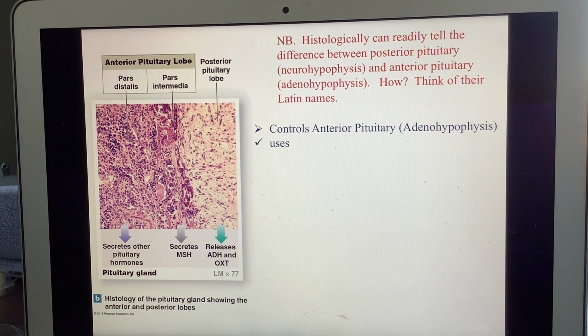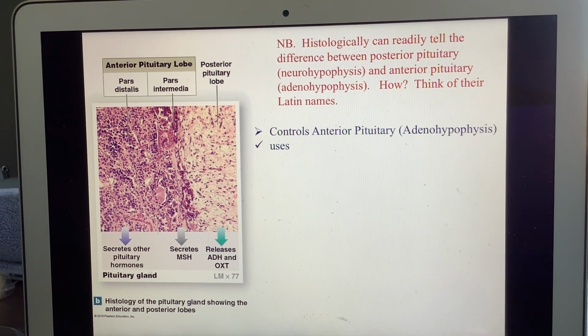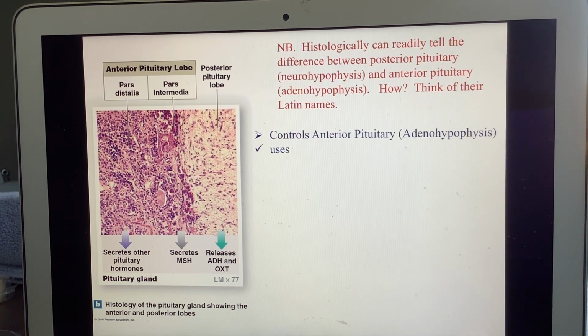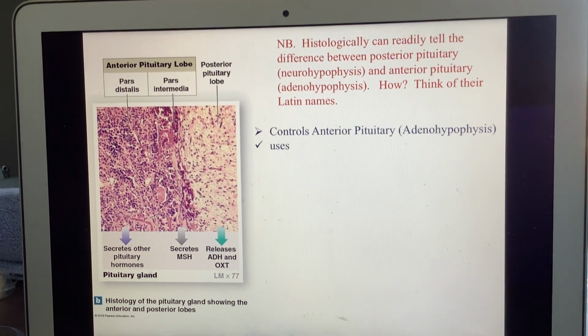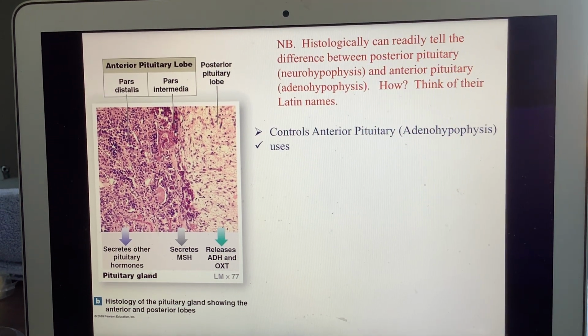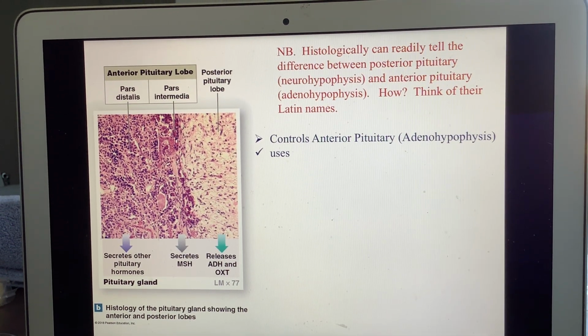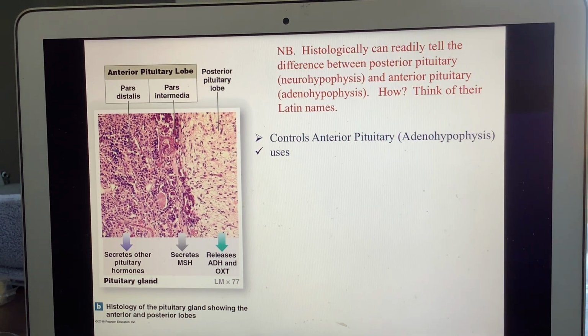Remember, we said it's going to be complex reflexes. You have one hormone that's secreted from the hypothalamus that acts on an organ that releases a second hormone. So that first hormone is going to act on the anterior pituitary. And that's how it's going to control it.